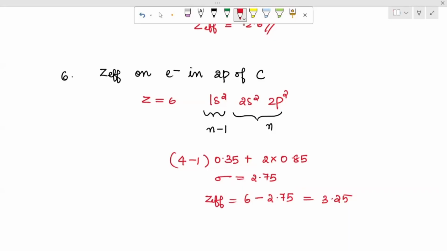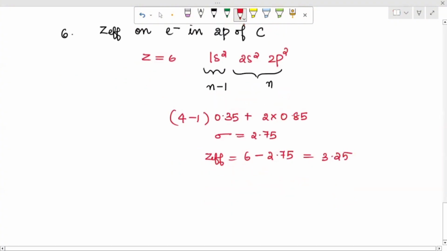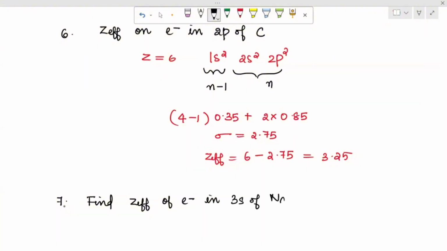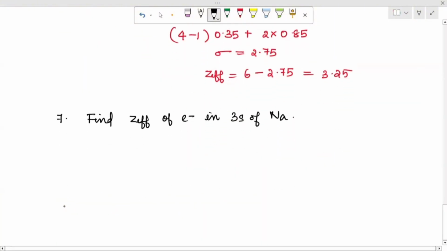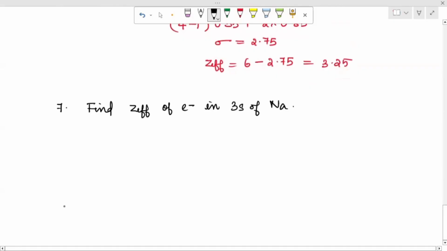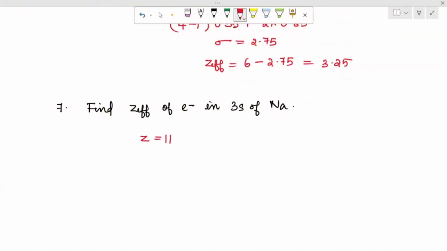We'll do one more with 3s in it. Let's do sodium. Find the Z effective of electron in 3s of sodium. Okay, so sodium is Z equal to 11.